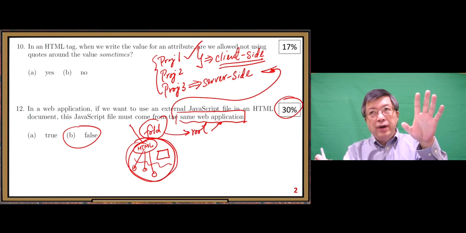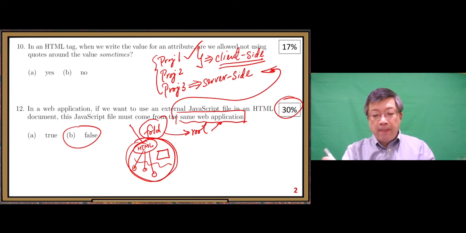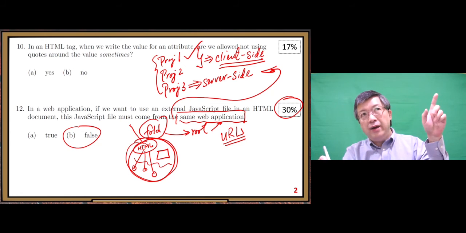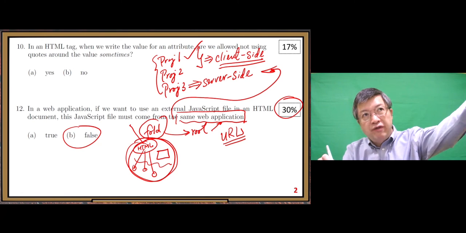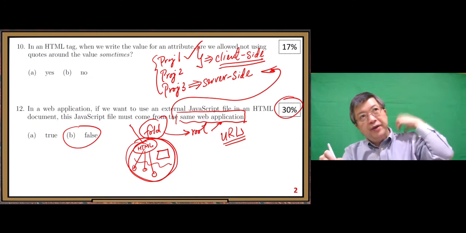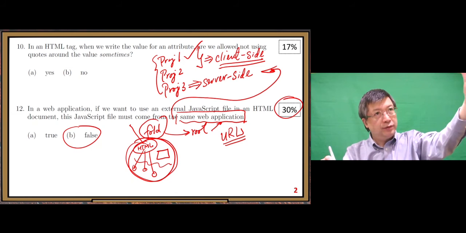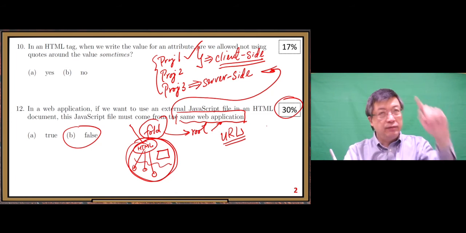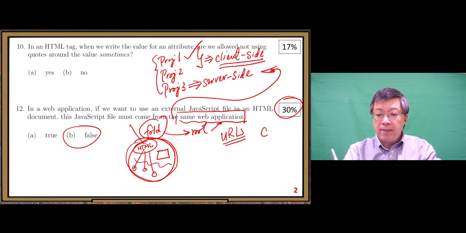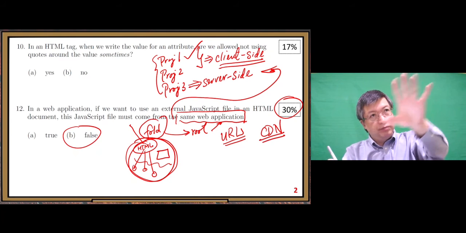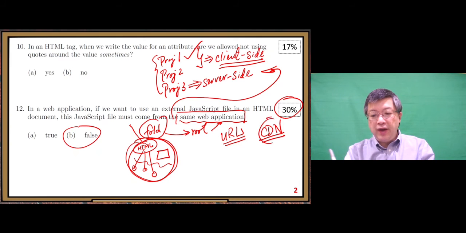Do you remember I gave you one example? For the external JavaScript file, we can use a URL to download the JavaScript file from another, different location, for example, from Google. Remember that there is a term called CDN, Content Delivery Network. Google has some JavaScript library files distributed in their CDN.